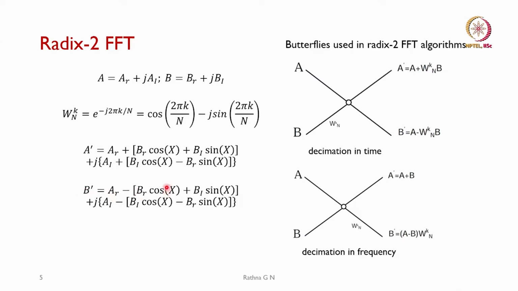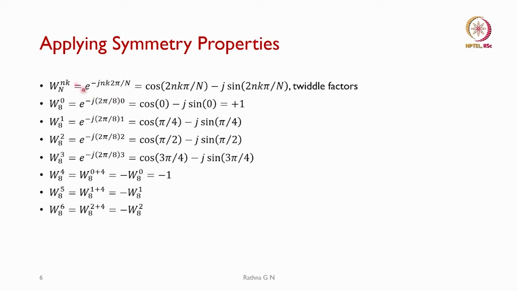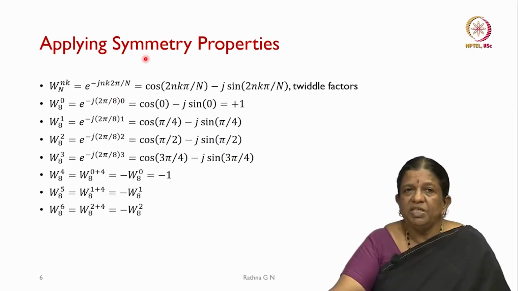B dash will also have the same amount. So what we say is one complex multiplication leads to 4 real multiplications and 2 additions. Fine.